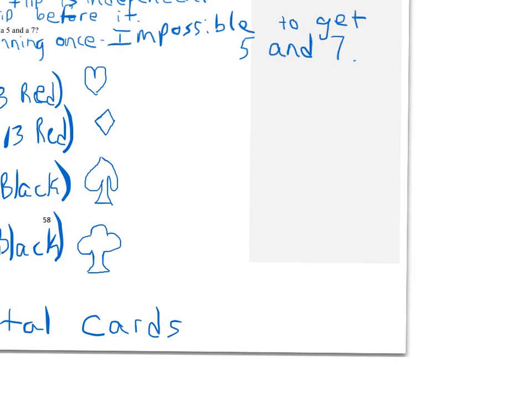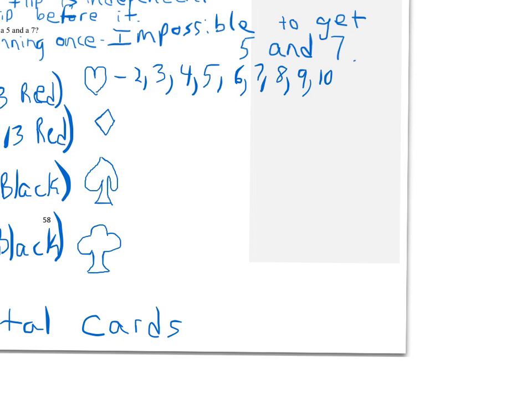Alright, now we need to know what each suit has. So all hearts, and this goes for all of these suits, there is a 2, a 3, 4, 5, 6, 7, 8, 9, 10.